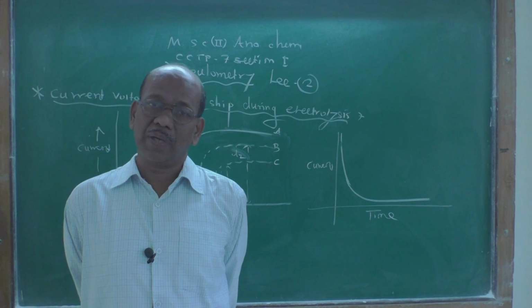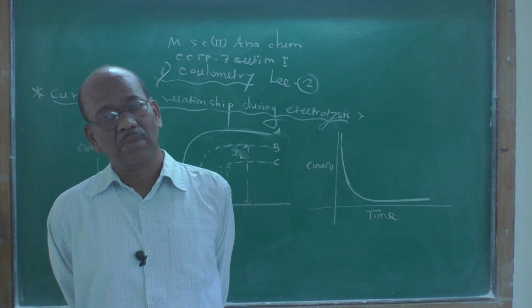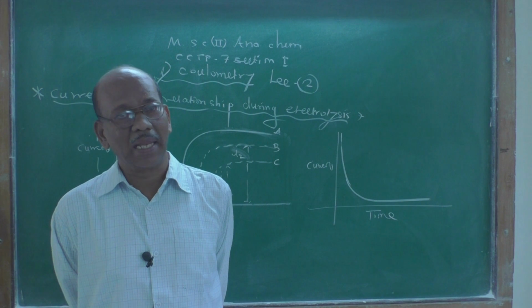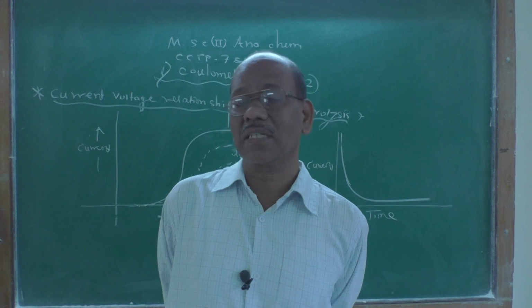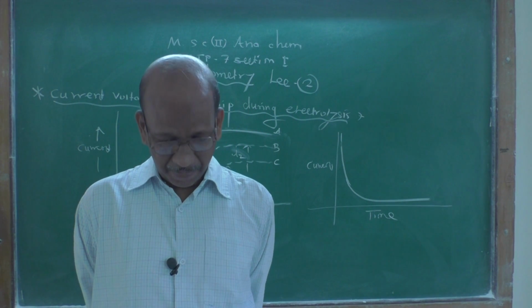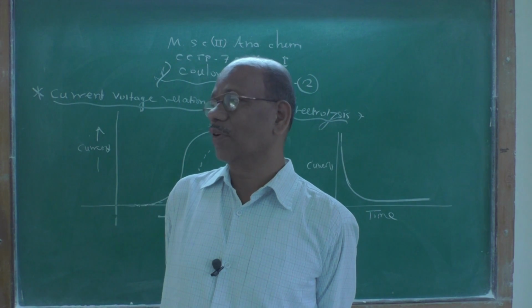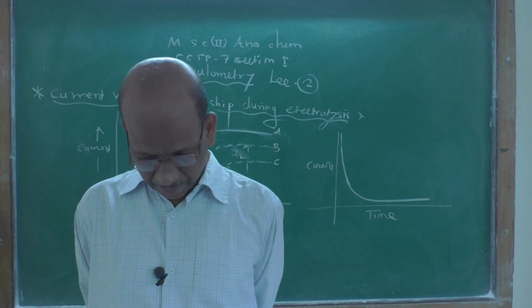Most of the current is used for the reduction of the electroactive species or analyte, but some is used for the electrochemical reaction of the supporting electrolyte.